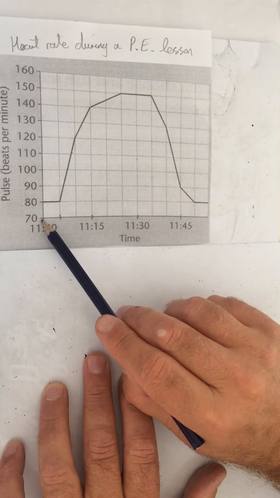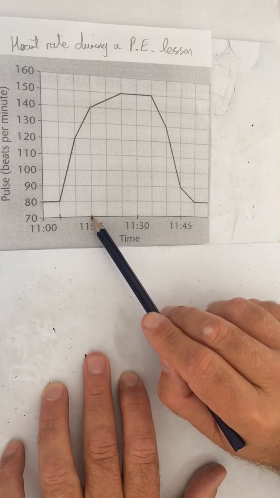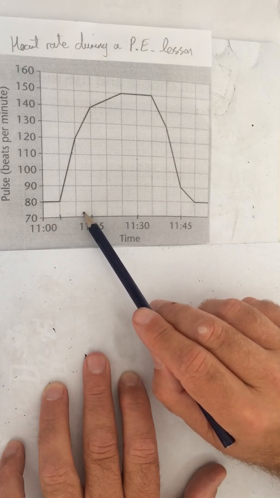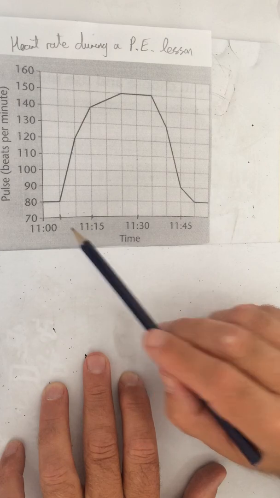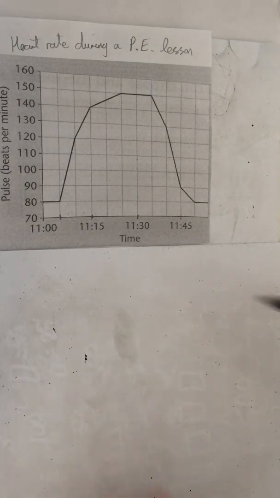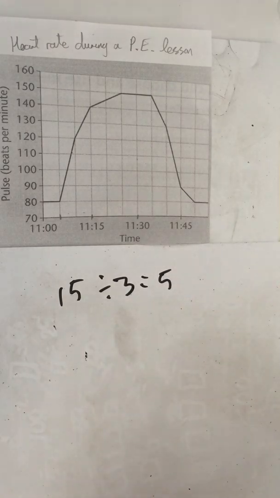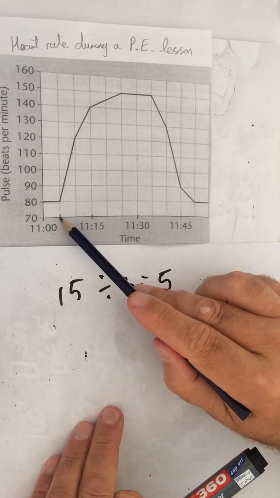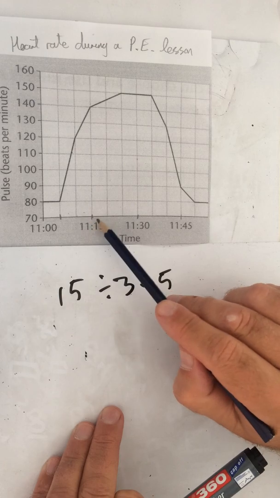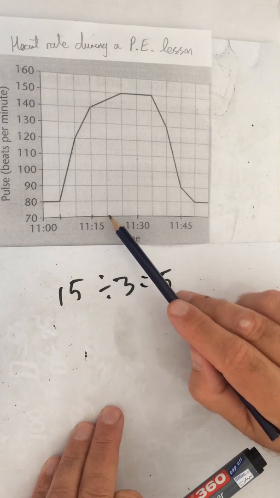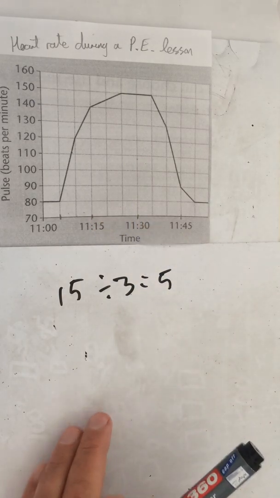So if that's 11 o'clock and that's 11:15, then that's 3 boxes in between. So that's 15 minutes divided by the 3 boxes, so it's 5 minutes each box. 5 past 11, 10 past 11, 15 past 11, 20 past 11, 25, and so on.